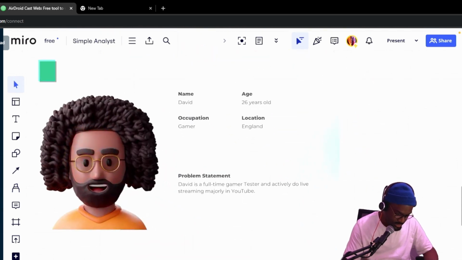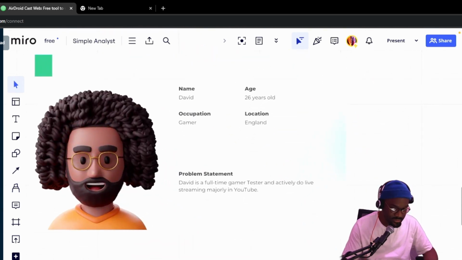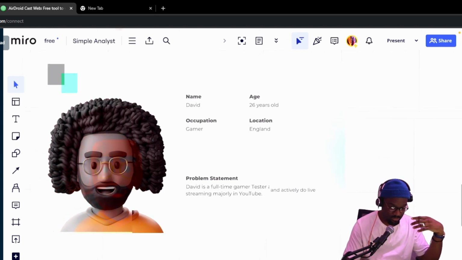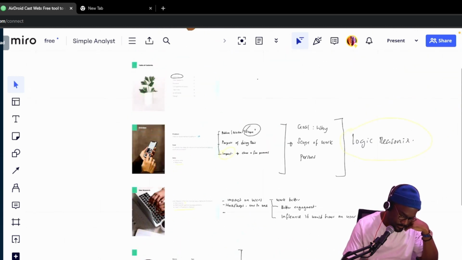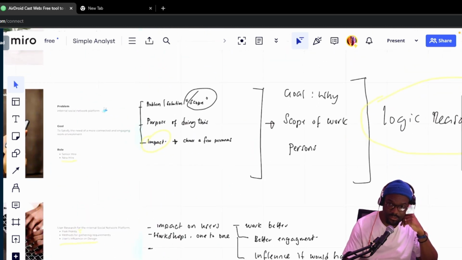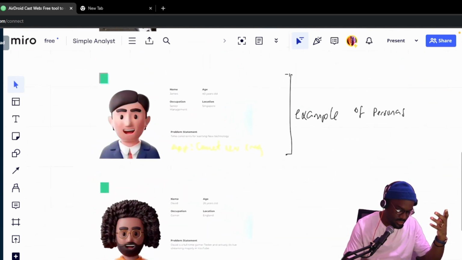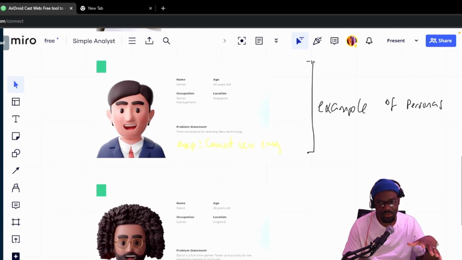Another example would be David, who will have a different approach in terms of what he's trying to achieve. So when we're talking about personas, remember when I spoke about persons. It's translated into personas, right? Personas essentially cover the user's perspective.